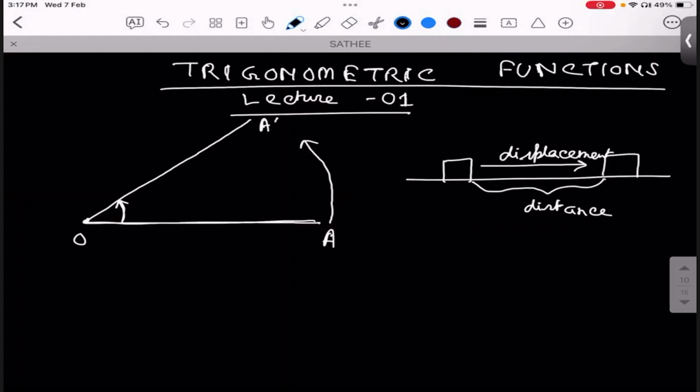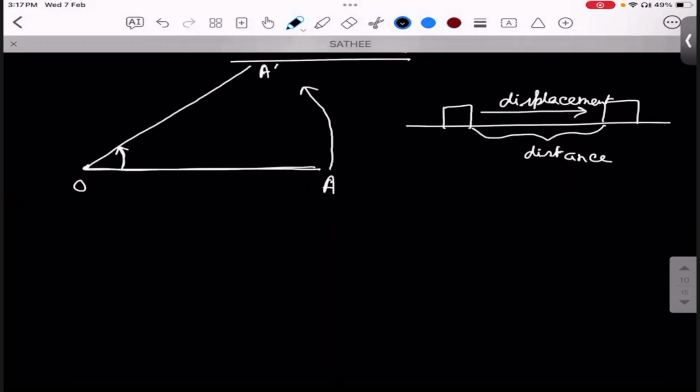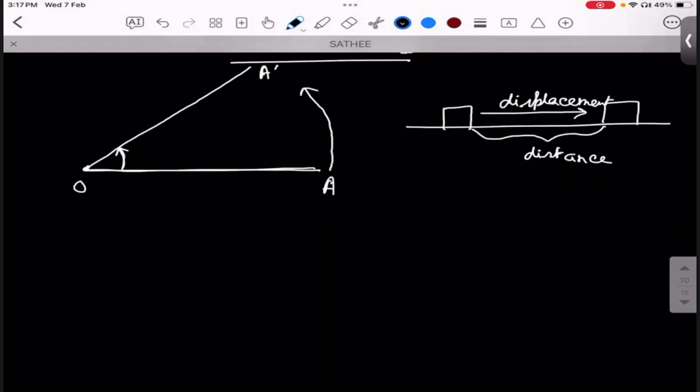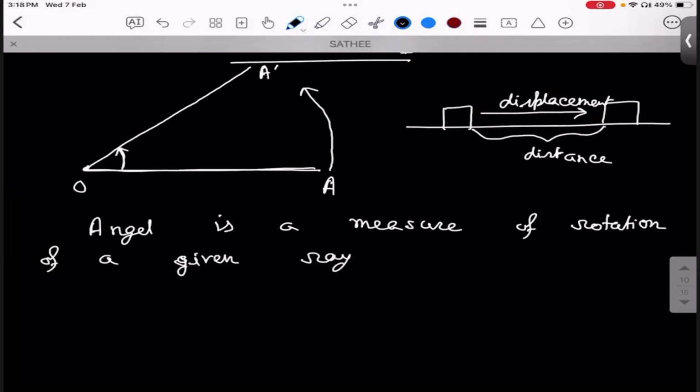Here it is called distance, here it is called angle. So angle is a measure of rotation of a given ray about its initial point. Okay, so this is called our angle.